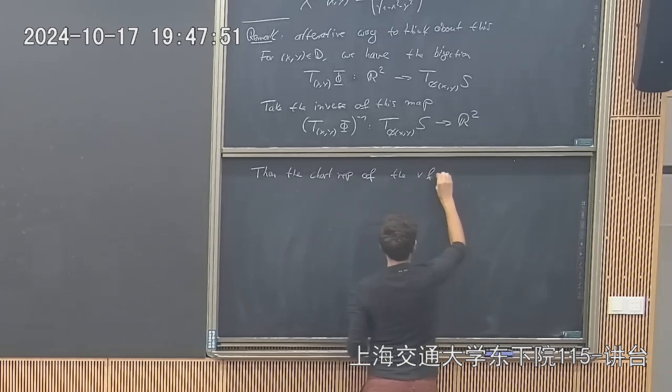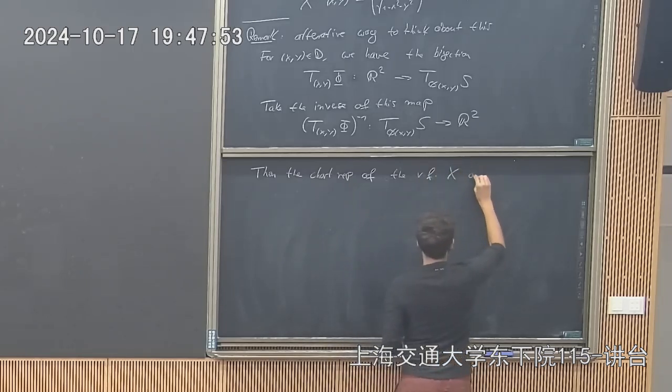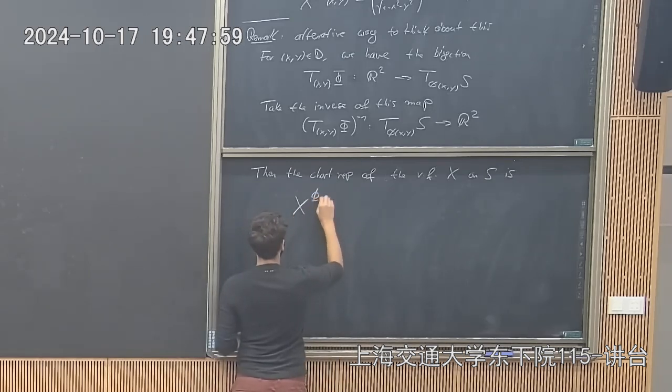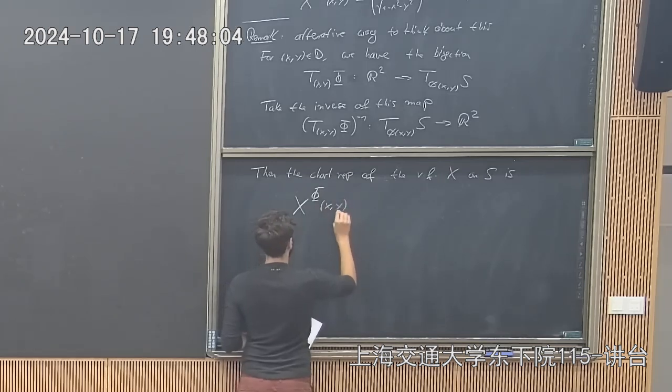The vector field X on S: we want to see what the chart representation is at a point x and y.